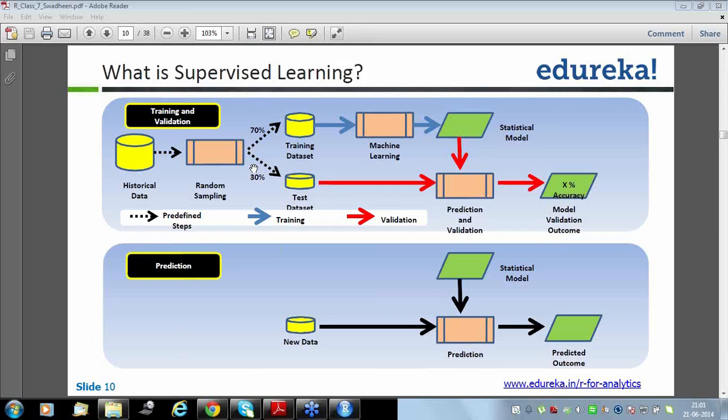Only then can we move on with supervised or unsupervised. Based on that, we decide whether it will be a supervised learning method or an unsupervised learning method, right? So with 70-30, on the training data set, we try to apply the machine learning concept.